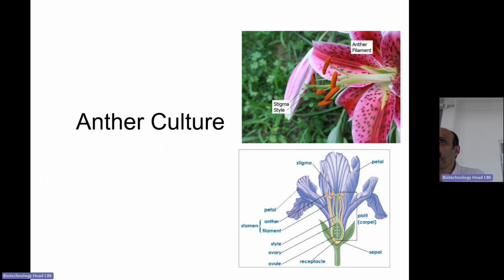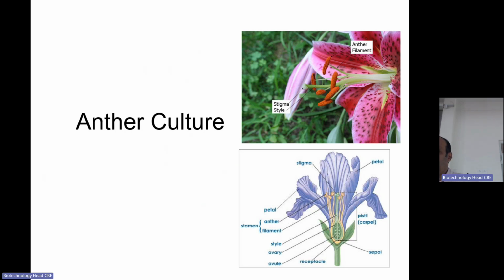For micropropagation, nodal explants. And to get haploid plants: in breeding, the important time-consuming area is getting homozygous plants. To get homozygous plants, we need to backcross at least 12 times, which may take up to 8 to 10 years.